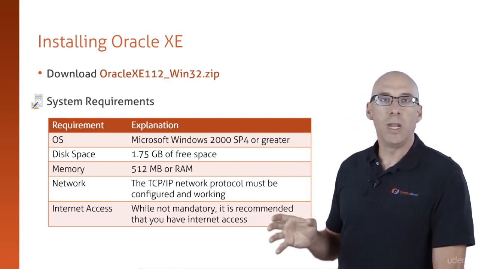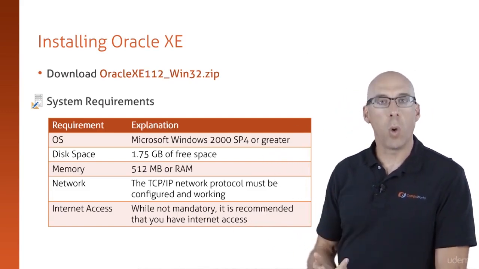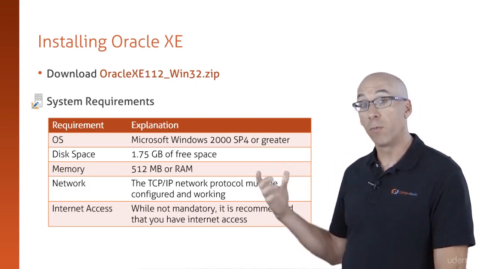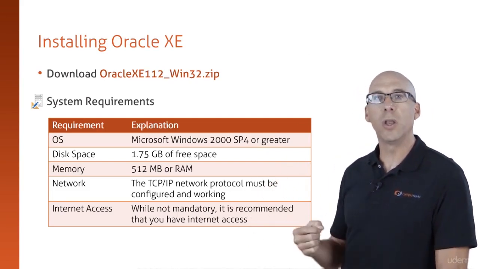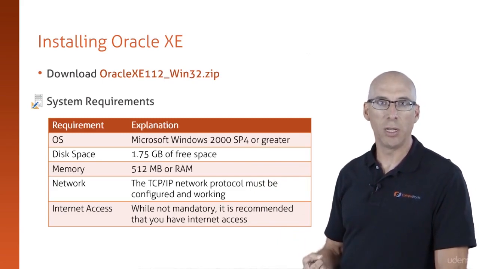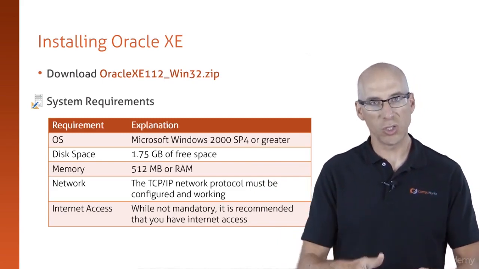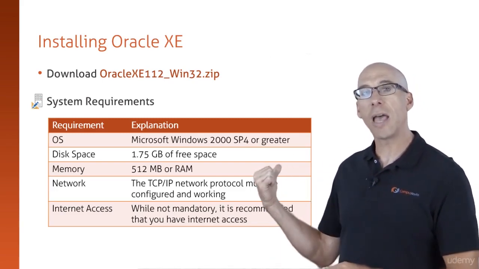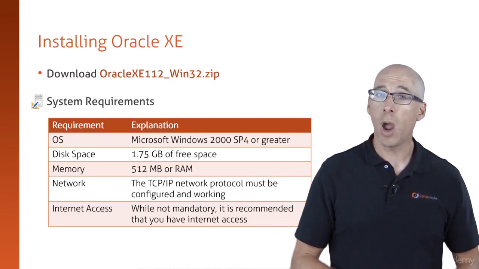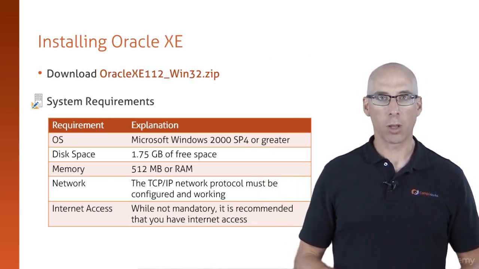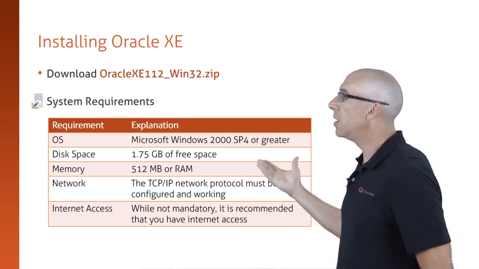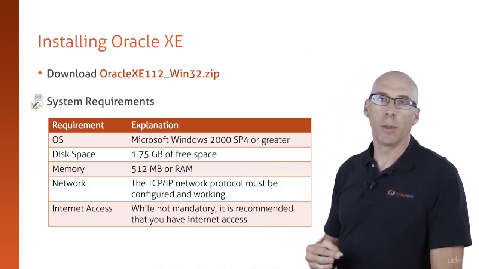Now, the other thing that we need to pay attention to are the system requirements. Again, these are the system requirements for a Windows machine, and you have to make sure that your system fits these minimum requirements for this to work. The first thing you need to understand is which operating system you are going to be working with.